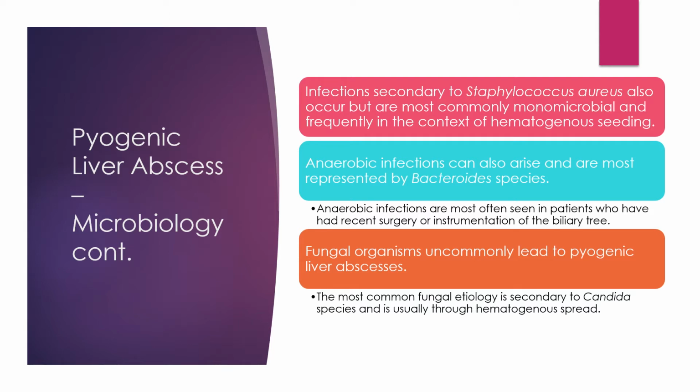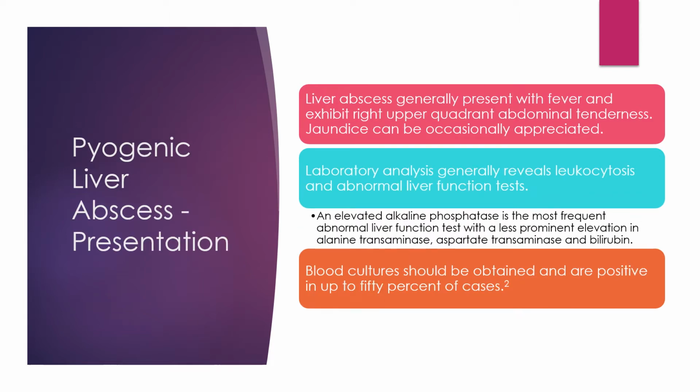Anaerobes can also be seen, and they can likewise be part of a polymicrobial abscess, or they can arise actually more often with patients with underlying hepatobiliary disease or instrumentation of the biliary tree. And clearly you can also have fungal organisms as a cause, most commonly being Candida species. And likewise, hematogenous spread is more likely with Candida.